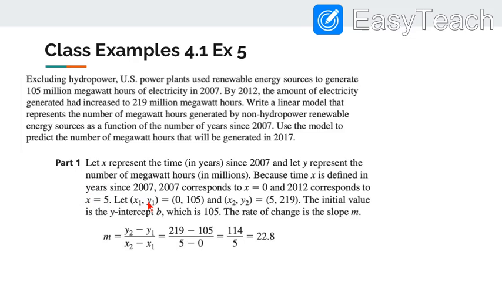So if we had our 2 points, we can now make our 2 points as we start at 105 million. Now, we're not going to include all those zeros, we're just going to use 105. And then in 5 years, it's going to go up to 219, as it said in the word problem. The initial value of that y-intercept is what we started at. So our slope, we use these 2 points to help us find that. y2 minus y1 over x2 minus x1, and we're given 114 over 5, which is equal to 22.8.